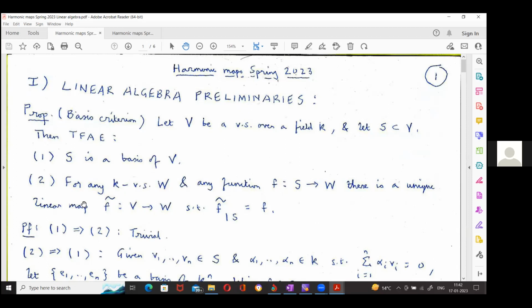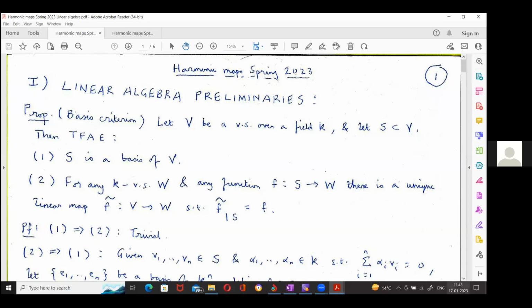That is, there is a unique linear map F tilde from V to W such that F tilde restricted to S is equal to F. One direction is clear: if S is a basis, then you can extend a function on the basis uniquely to a linear map.